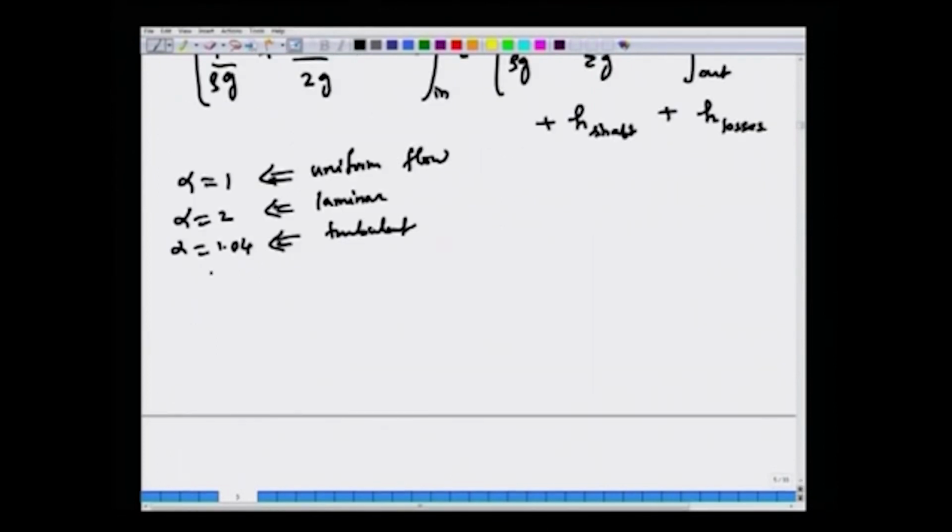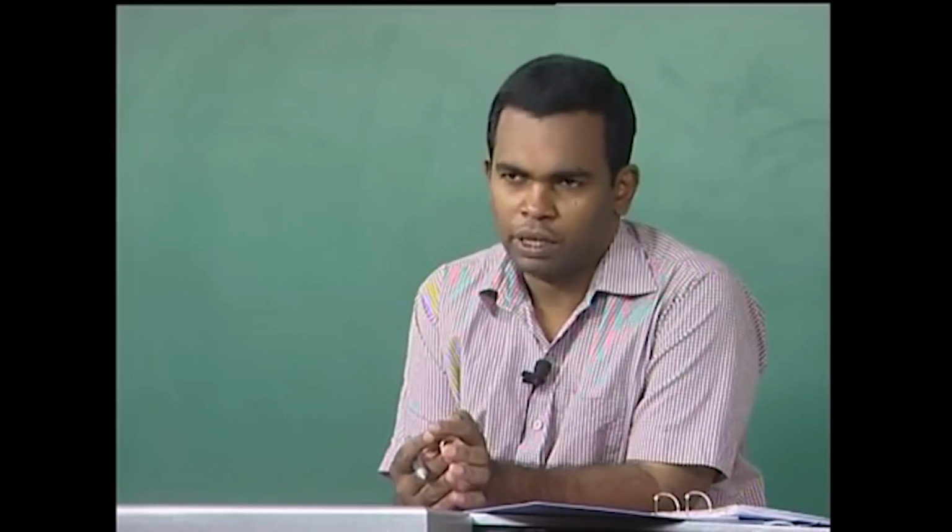That is because the turbulent flow velocity profile is in fact very close to being uniform. Therefore, it makes sense for us to approximate alpha to 1 for turbulent flows. Okay. So, that completes the basic discussion on energy balance.